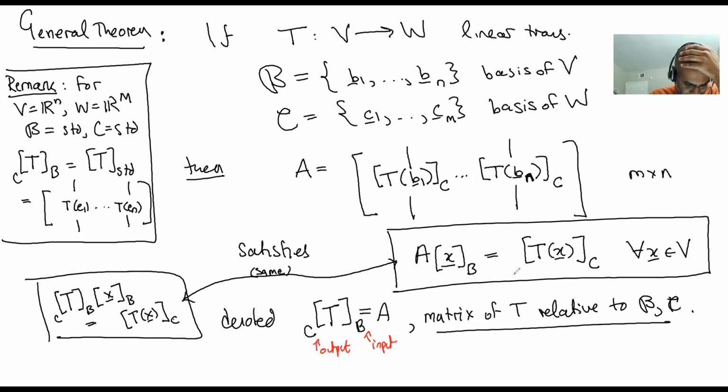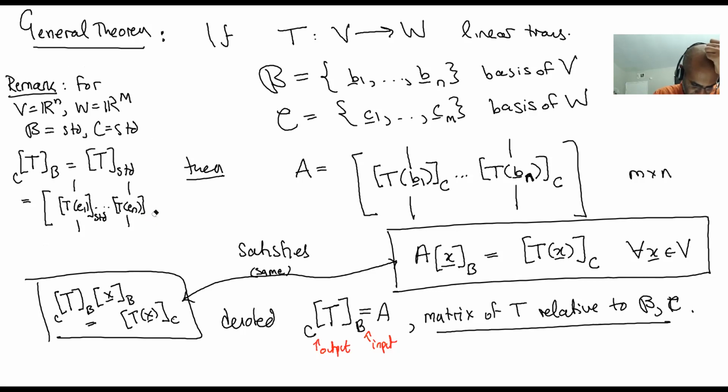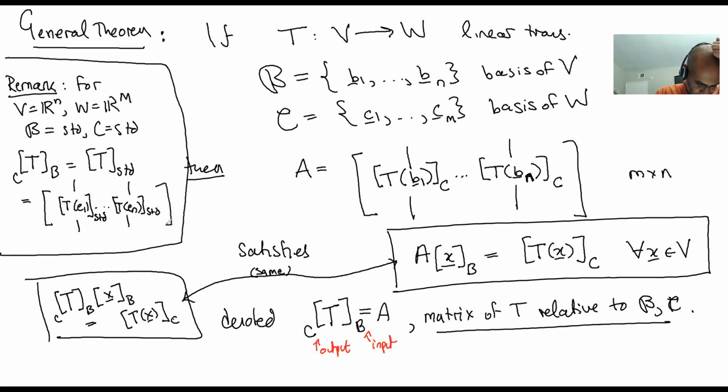Like if we took the coordinate vectors of T E1, wouldn't it just be T E1? Exactly. Vectors in Rn are just coordinate vectors of themselves. Okay, that got a little tight. Let me make some space. So that's the same thing. It's just a generalization of the same concept.